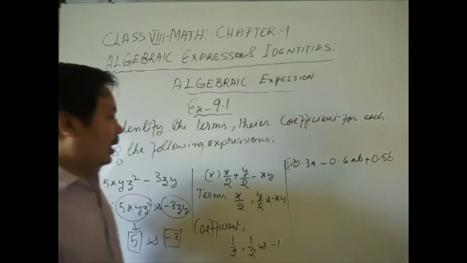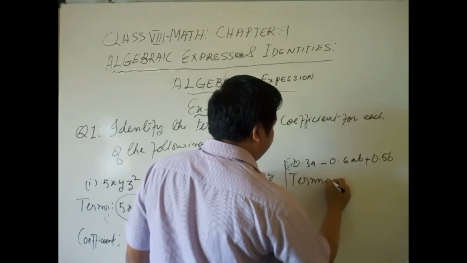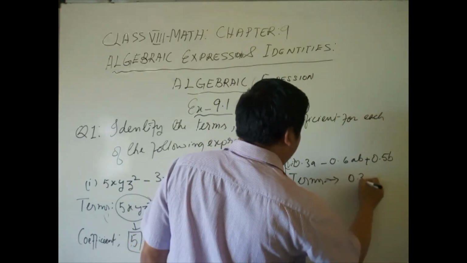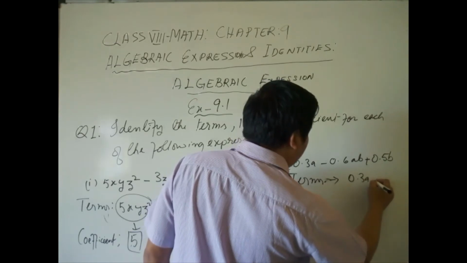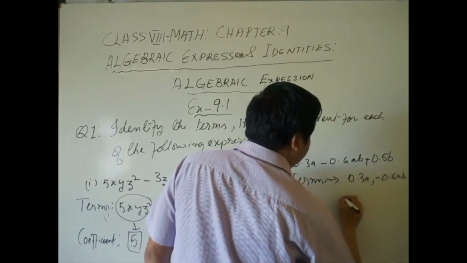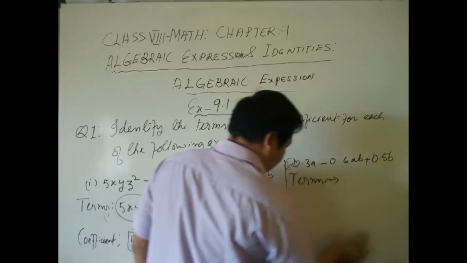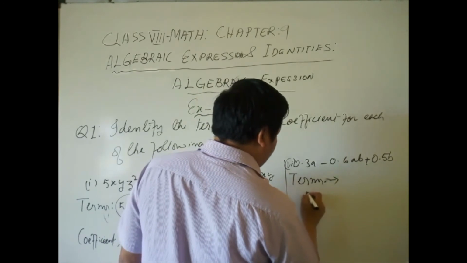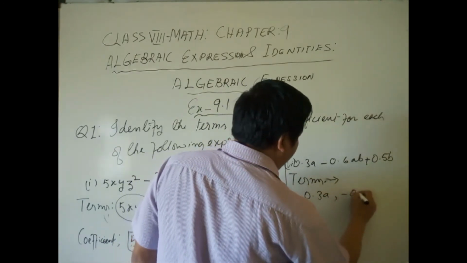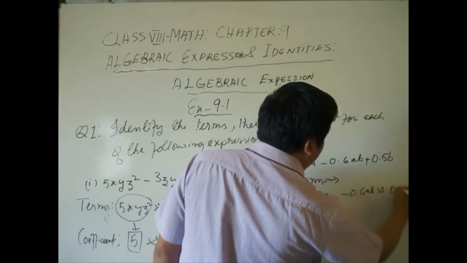Then here the terms are 0.3a, minus 0.6ab, and 0.5.